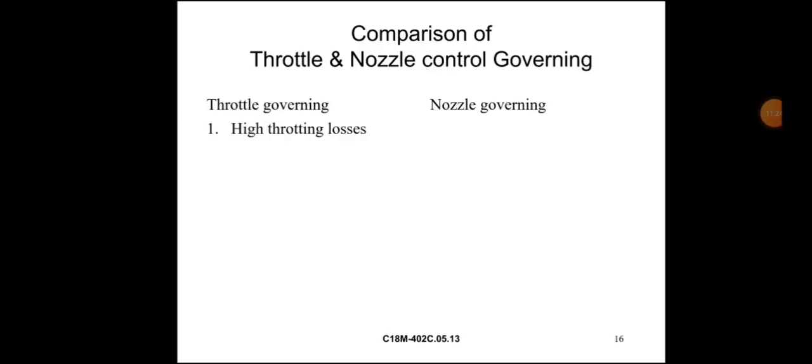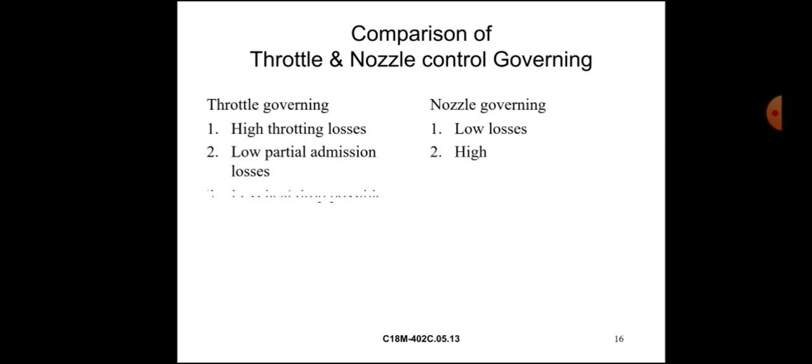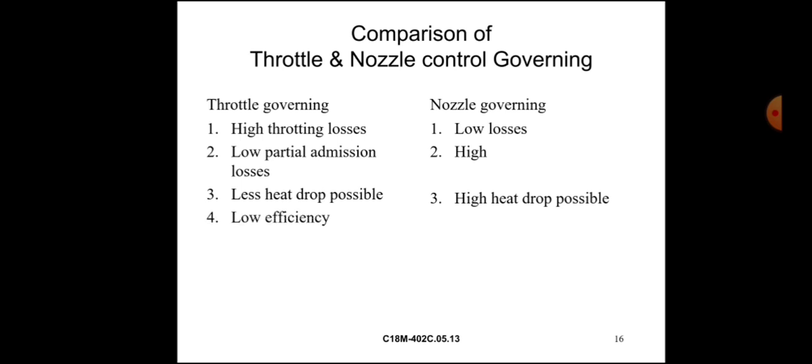This is a comparison of throttle and nozzle control governing. Throttle governing has high throttling losses; nozzle governing has low losses. Throttle governing has low partial admission losses; nozzle governing has high. In throttle governing, less heat drop is possible; in nozzle governing, high heat drop is possible. Throttle governing has low efficiency; nozzle governing has higher efficiency.